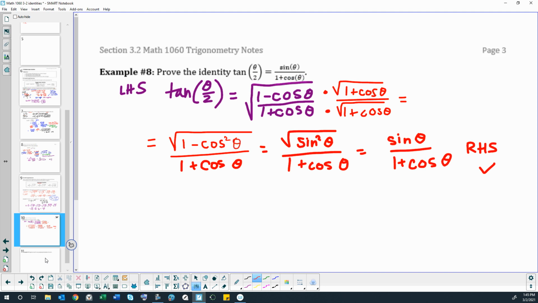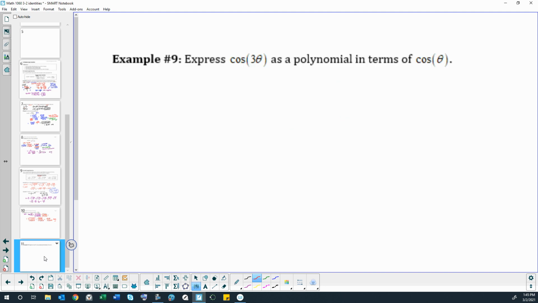Let's look at example 9. Let's use what we've learned in chapter 3, both sections, 3.1 and 3.2, to do this one. So cosine 3 theta, we don't have a formula for cosine 3 theta, that's what we're going to try to find here. So to do that, we can get 3 theta by taking 2 theta plus theta and using a sum identity.